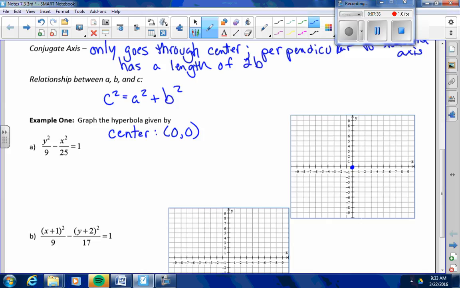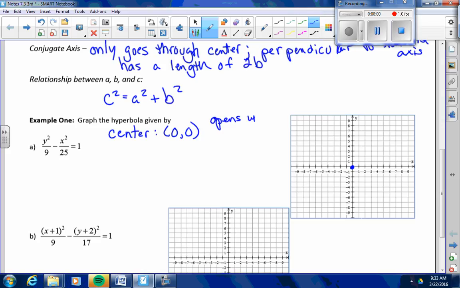Next thing we need to know, is this hyperbola going to be opening left, right, or up, down? Why is it going to be up and down? Because the y squared comes first. Whatever comes first, since it's y, that means it's based off of the y-axis, so it's opening up and down. Okay, so let's put that on here.